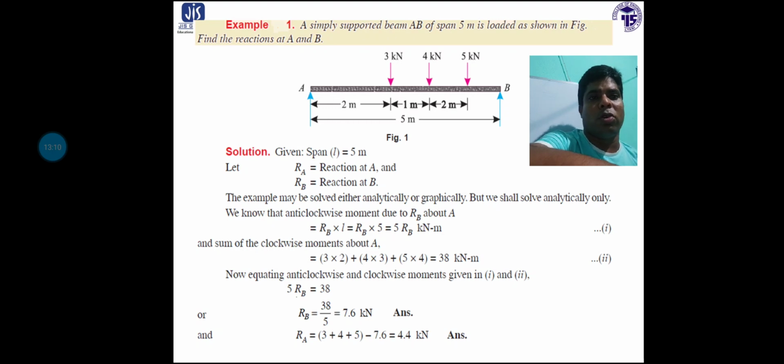Now equating clockwise and anticlockwise moments, 5 RB is equal to 38, so RB is equal to 38 by 5, that means 7.6 kilonewton. So RA is equal to 3 plus 4 plus 5 minus 7.6, that means 4.4 kilonewton.